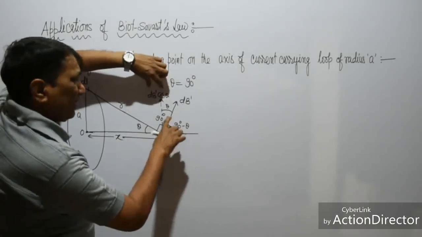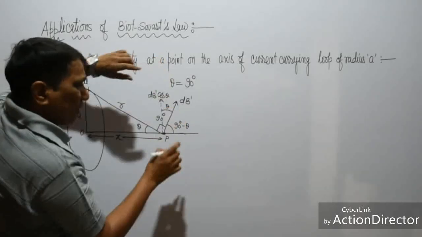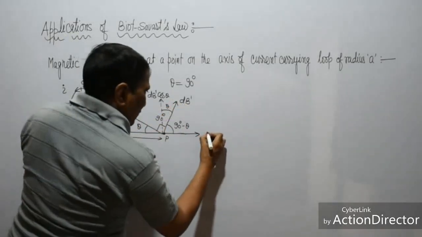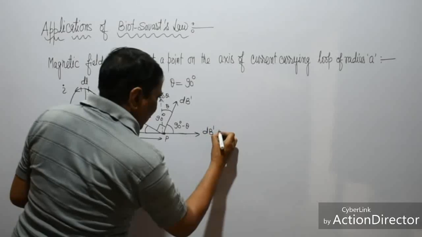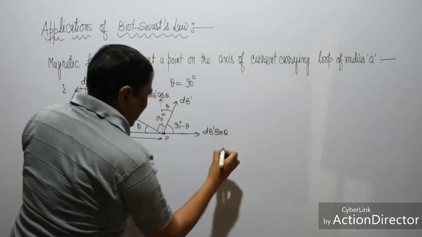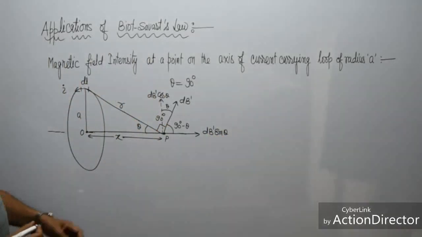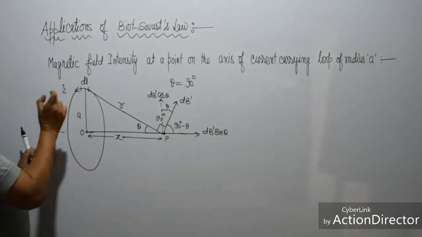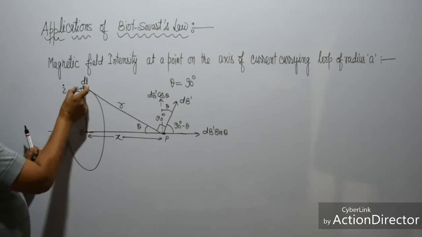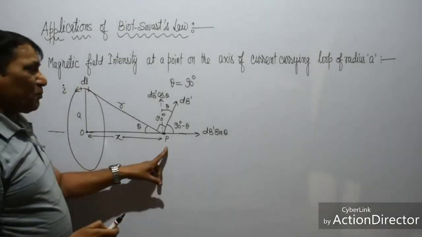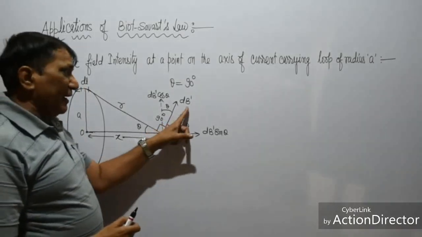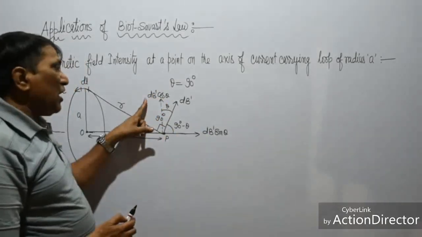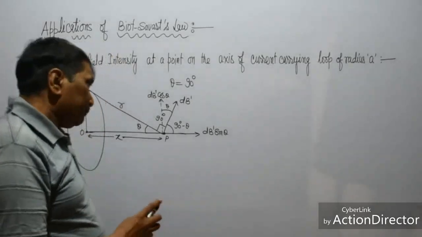This is 90 minus theta. This angle will be theta. So in this direction, this is dB dash sin theta. These are the two components of magnetic field intensity produced by dl, current carrying segment at point P. So dB dash के दो कंपोनेंट्स हो गए, dB dash sin theta and dB dash cos theta.